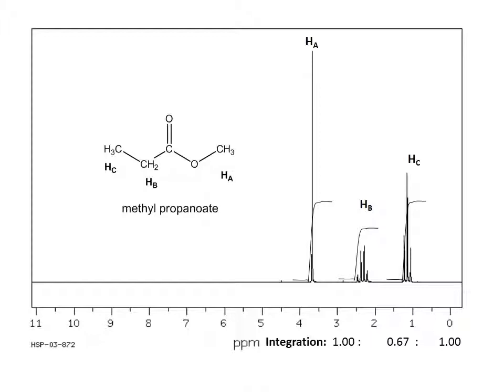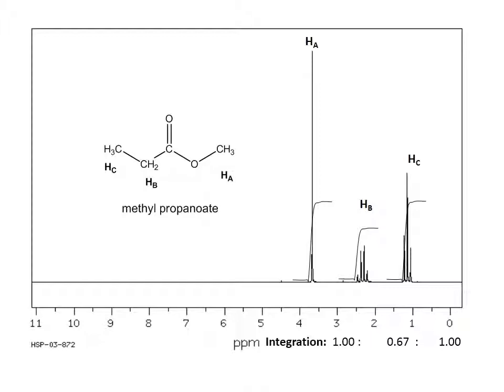Now the reason that you're not getting a nice whole number for 0.67 is that the NMR arbitrarily decides that the first peak on the left is 1, and thus it takes a ratio from that point. So the first peak is 1, the second peak is 2/3 of that value in area, and the third peak is the same area. This doesn't tell you how many protons there are unless you know how many protons are in the molecular formula, and you use that to convert these numbers into real numbers of protons.